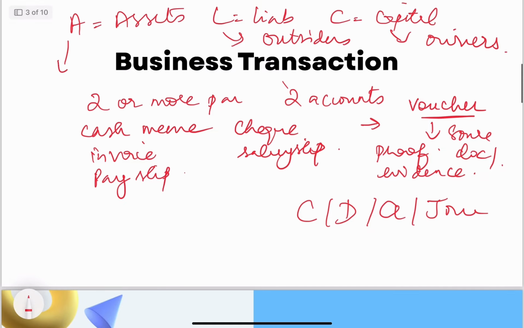The asset side of the balance sheet is the list of assets which the business owns. The liability side of the balance sheet is the list of the owners' claims and outsiders' claims, that is, what the business entity owes.